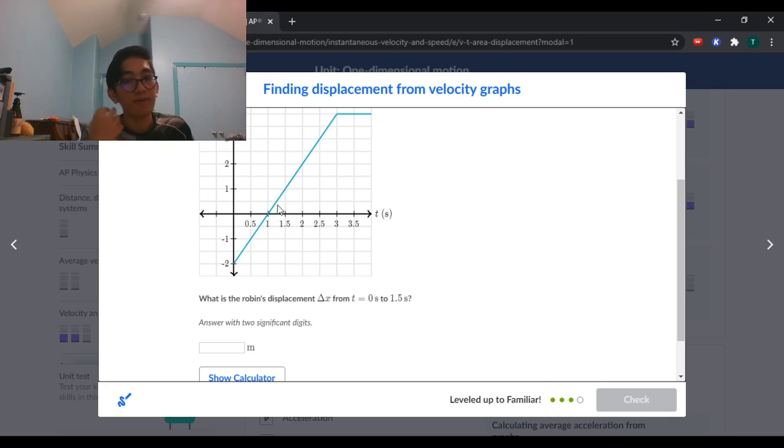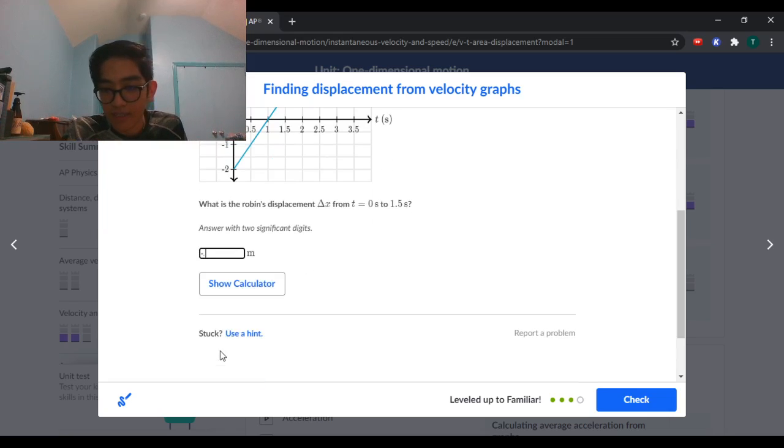When you have opposing displacements, you want to add them, because you want the displacement from 0 to 1.5, and we have to make sure that we're accounting for all displacements, right? So add it: -1 plus 0.25 gives -0.75 as our final displacement.